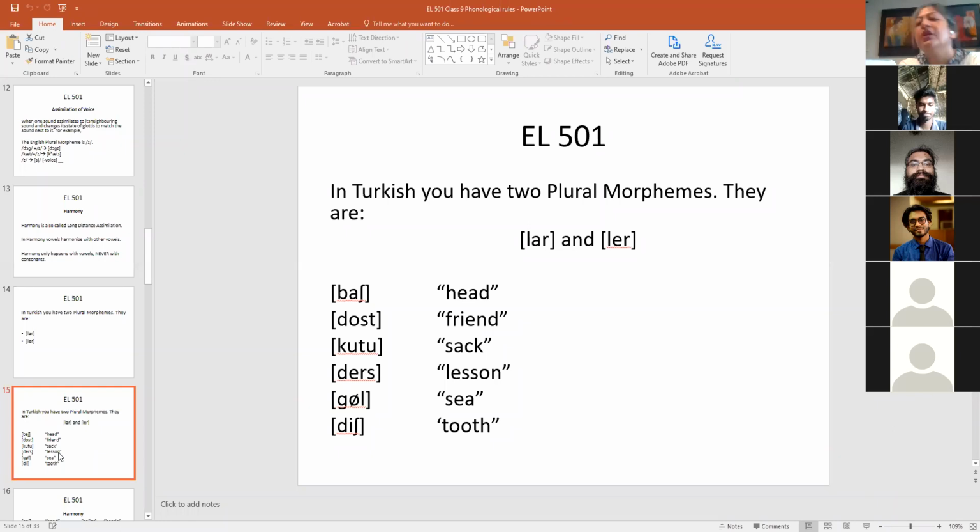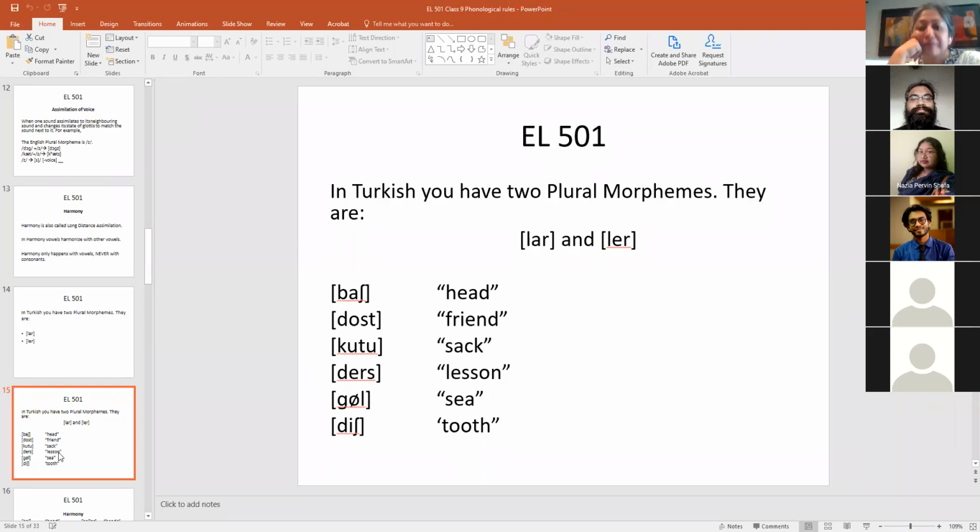Dost, O. Is O a front vowel or a back vowel? Back vowel. So which one will it take, lar or lair? It will take lar. Kutu, U. Is U a back vowel or a front vowel?